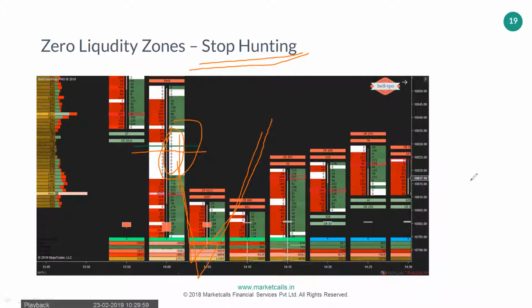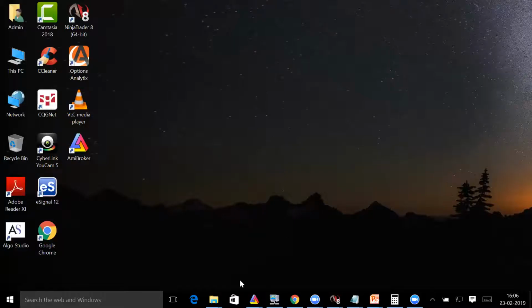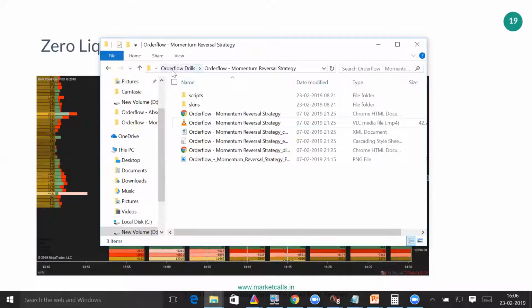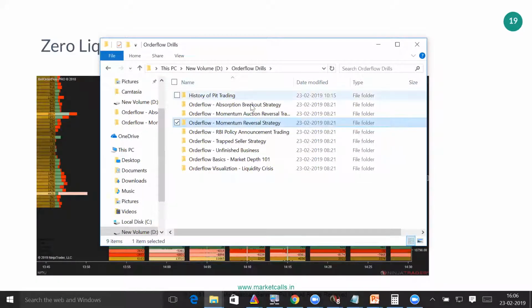One of the examples I can show you is Dr. Reddy. Recently, Dr. Reddy had a 30% crash. I took a screenshot of how the price travels in low liquidity zones.